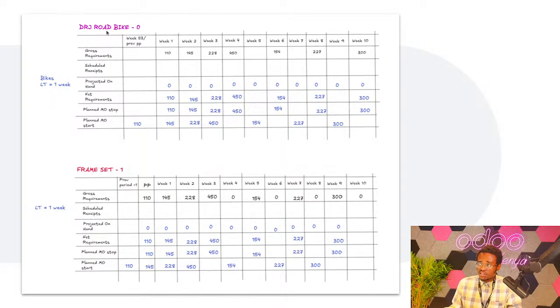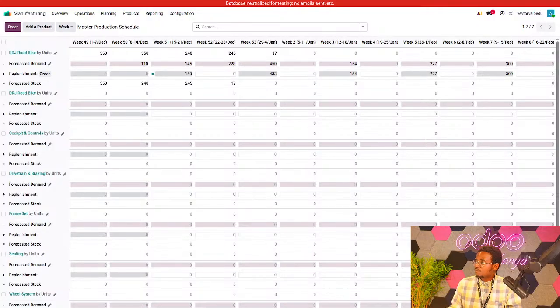So I'll fill the MPS for the DRJ road bike and see how it affects the rest. Let's go back to our database and fill week 1.